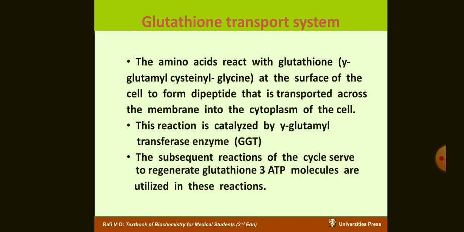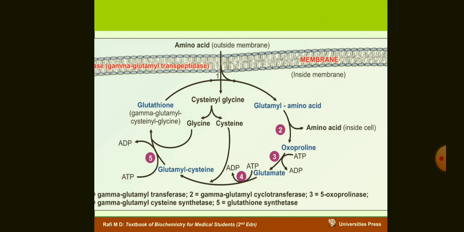The subsequent reactions of the cycle serve to regenerate glutathione. Three ATP molecules are utilized for this reaction. This diagram shows that outside the membrane, the amino acid first reacts with glutathione in the presence of gamma glutamyl transpeptidase to form cysteine glycine.